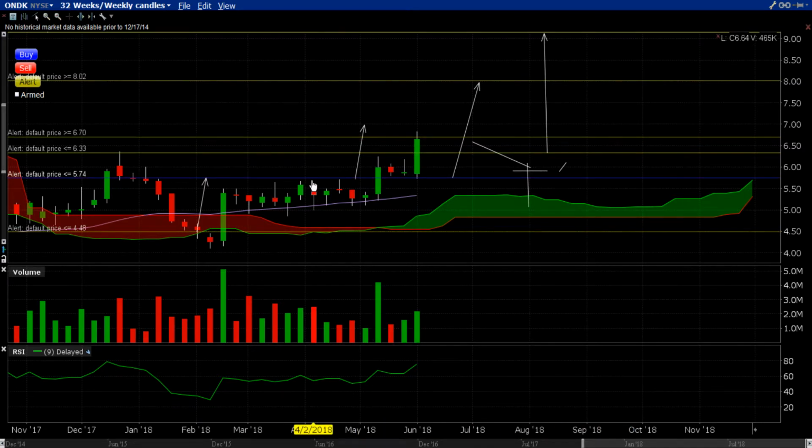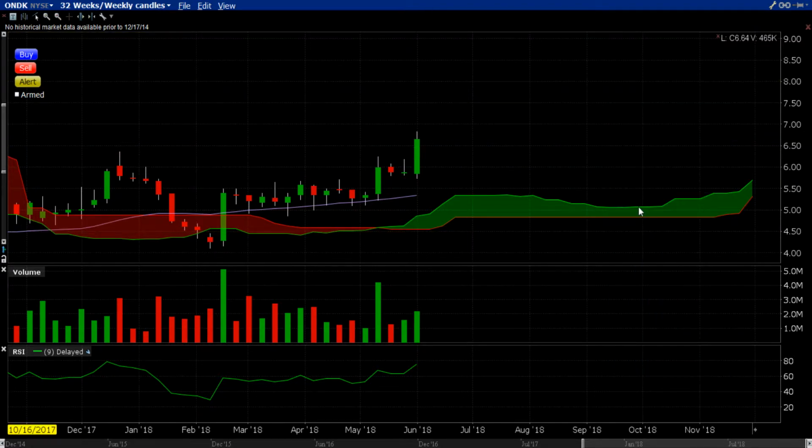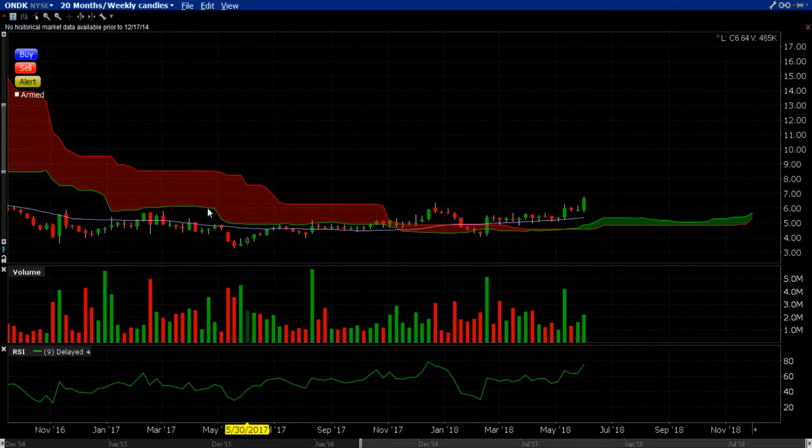All right, I'm on the weekly. 575 was my monthly defined breakout. And I'm just going to clear all this out, remove all trend lines. Ichimoku cloud, remember guys, if you're above the green, that's support, trend upwards. If you're under the red, going down, downtrend.